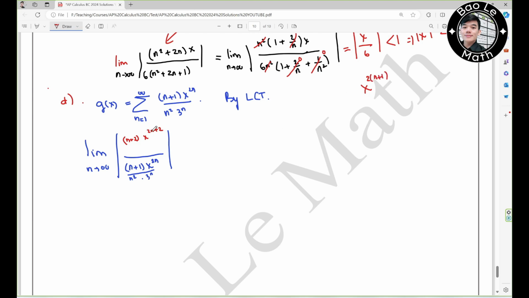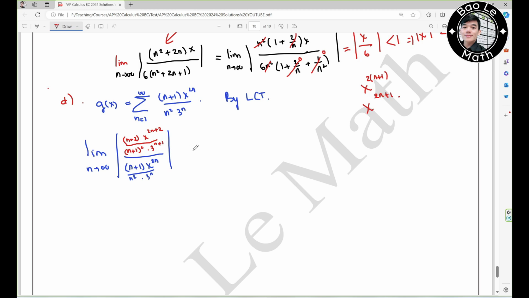Distribute this and it turns out to be s to the 2n plus 2. Students mostly do it like this, 2n plus 1, that's wrong, so be careful. Over (n plus 1) squared times 3 to the n plus 1.